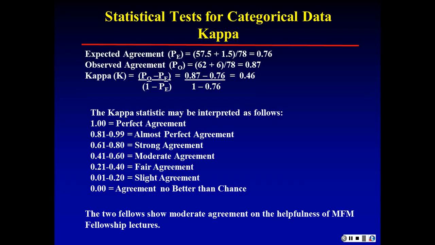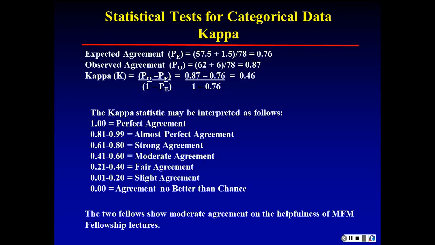The other categories are listed here. So if you have a kappa of 0.46, that indicates what? That indicates that Gary and Suan show moderate agreement above what would be expected to occur by chance on the helpfulness of MFM fellowship lectures.